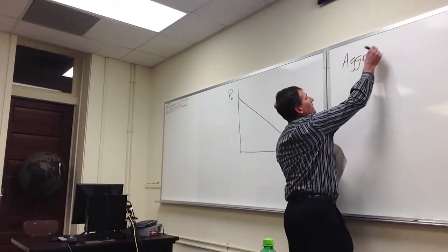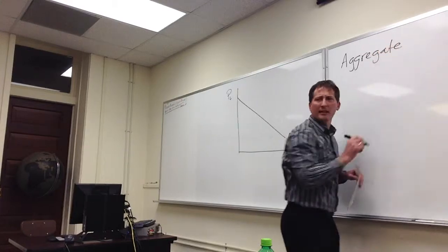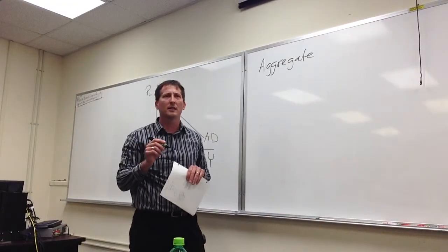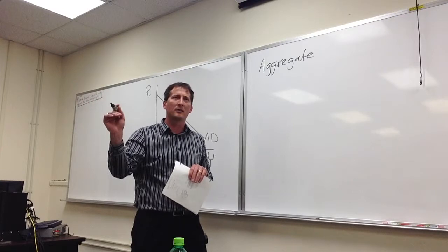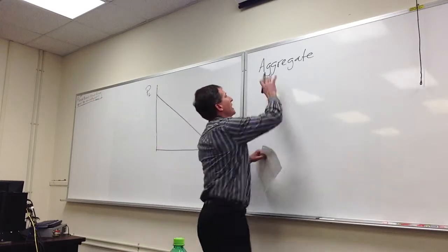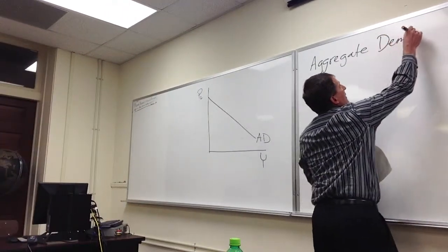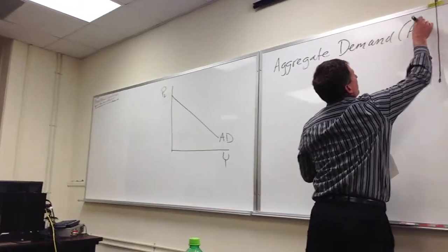So I don't think we defined this last time, did we? Or did I give you a full definition? Did I write it all out? I just put players, yeah. So today I'm going to define this a little more fully.